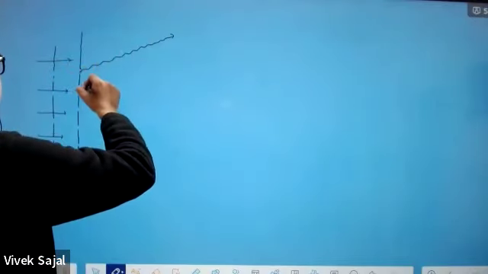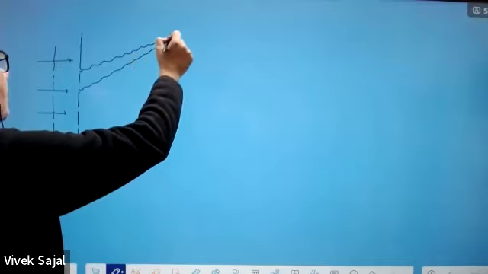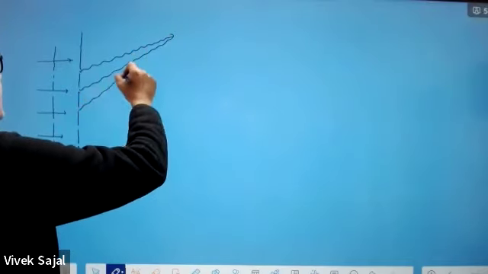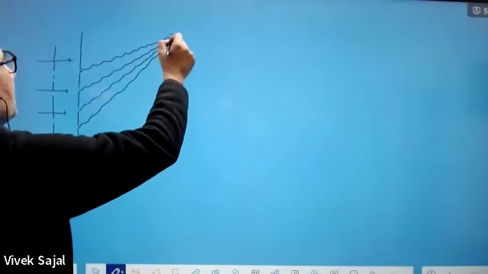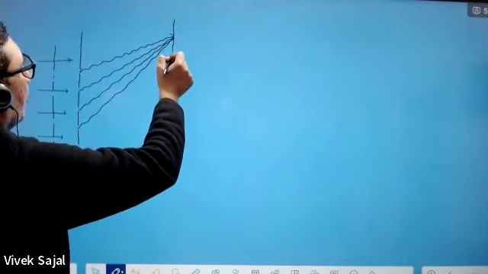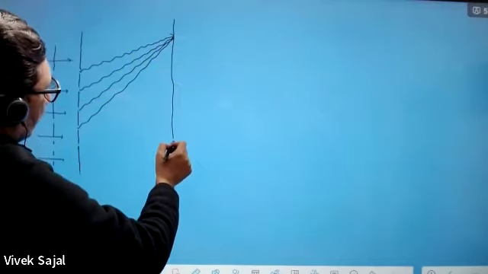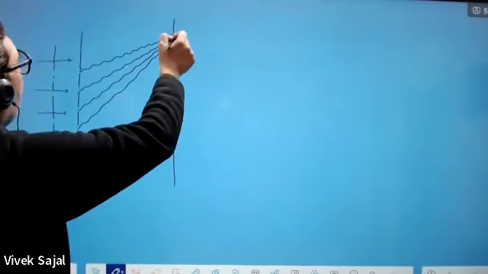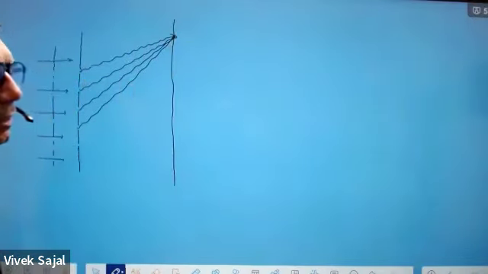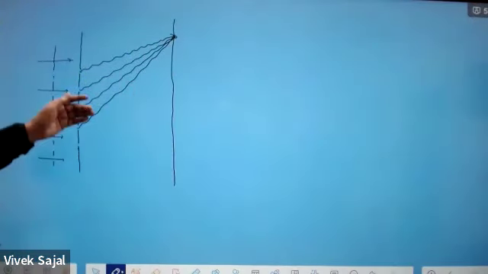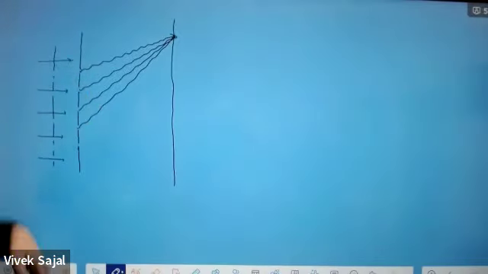From every slit, from n number of slits, light is reaching at this point. And here you have placed a screen. So on this screen, at a point here, what will be the intensity? If n number of slits, in between which the successive phase difference is delta.